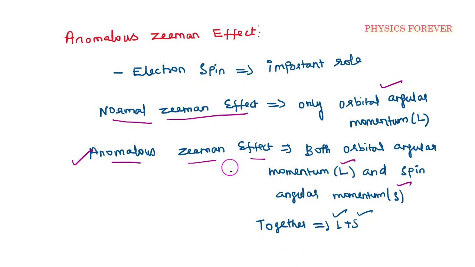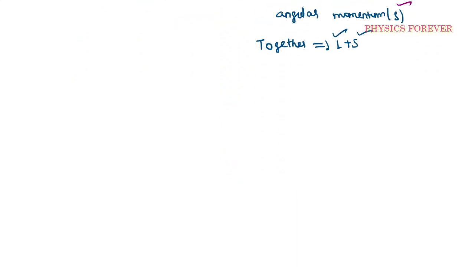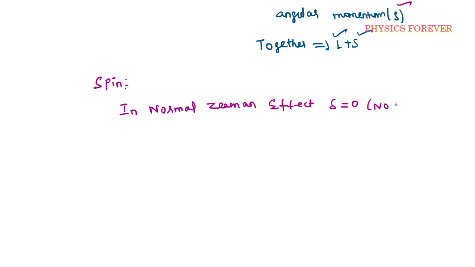Now, about spin: in the normal Zeeman effect, spin is 0, no spin. In the normal Zeeman effect there is only orbital angular momentum.